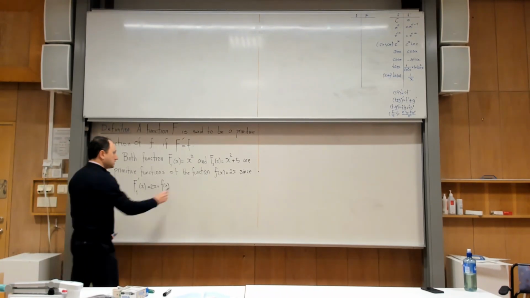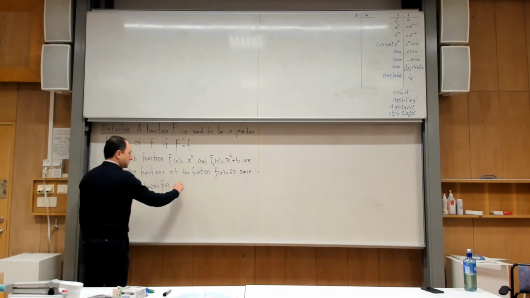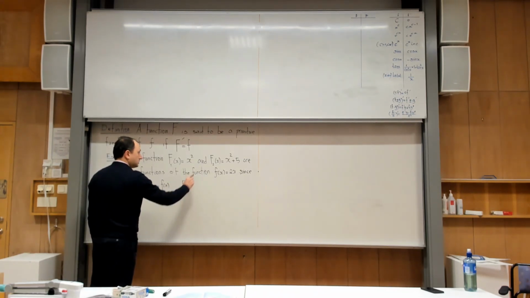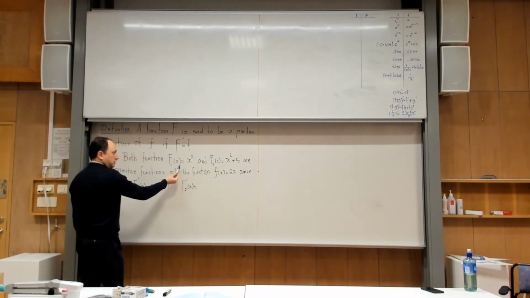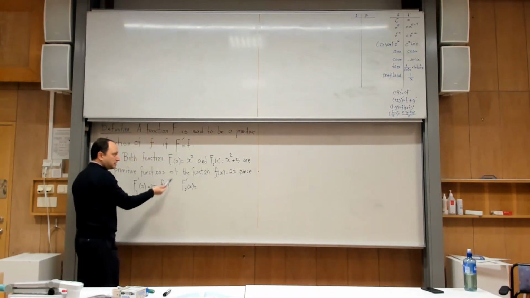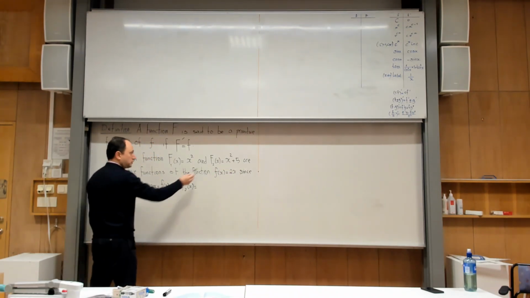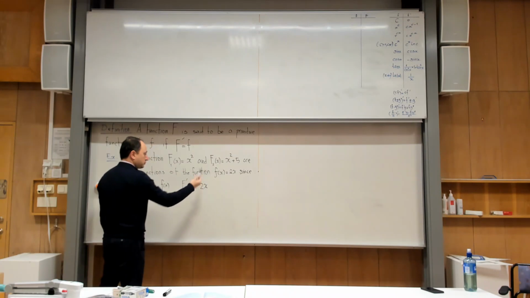And the reason why the second one is also a primitive function is the same. If I differentiate the second one, even though this function is different from this function by this additive constant 5, it doesn't matter when it comes to differentiation, because the derivative of x squared is still 2x, the derivative of 5 is 0, and it doesn't play any role.